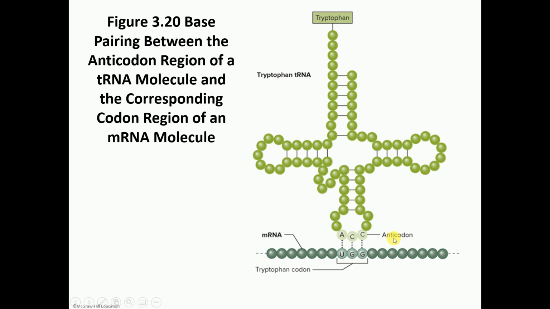And in order to remember that, the T in anti is found on your transfer RNA. So the transfer RNA will look for the complementary or the mirror image codon on the messenger RNA. So for example, UGG, its mirror image would be ACC.